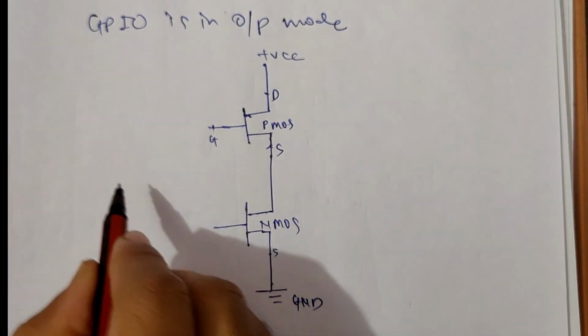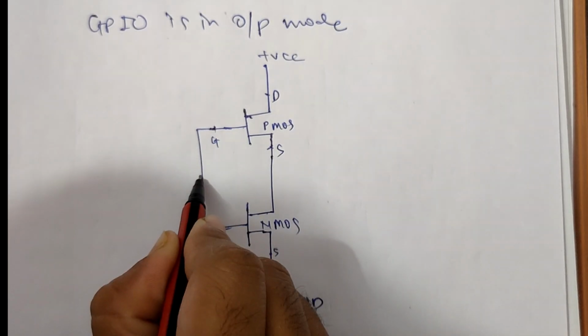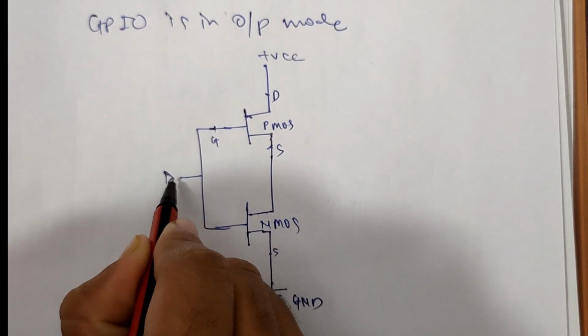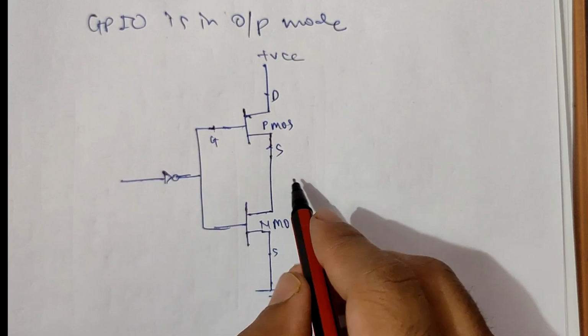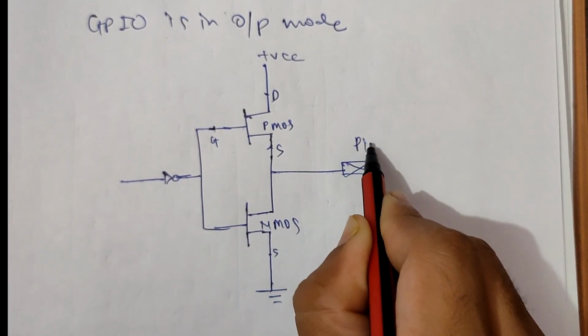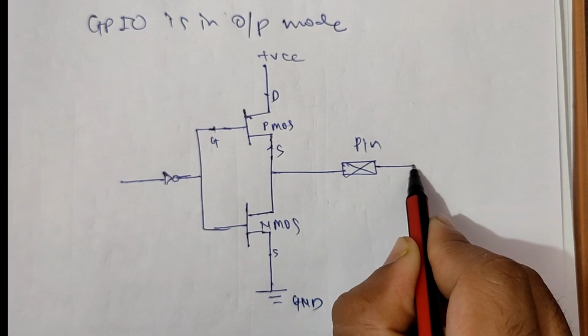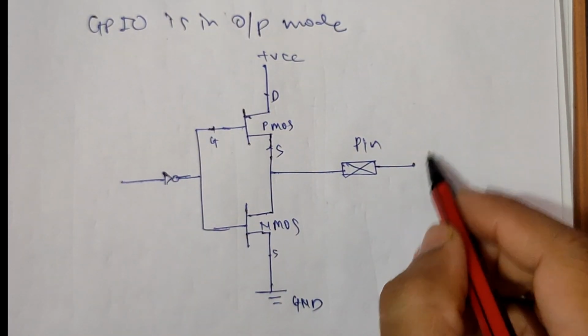Here I have my input, with inverted input here, then giving it to the pin. This is a pin, this is the outside area. We can connect any load.